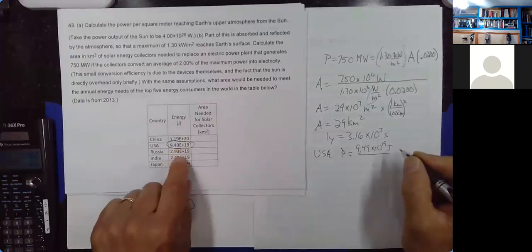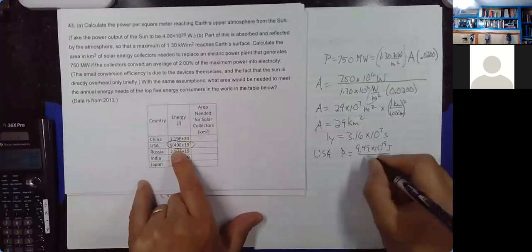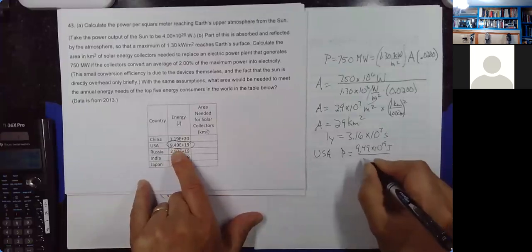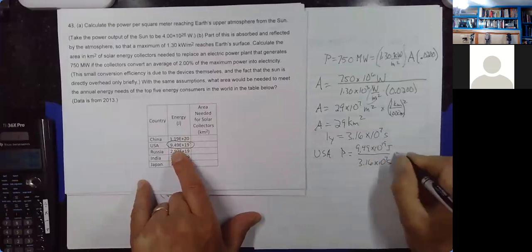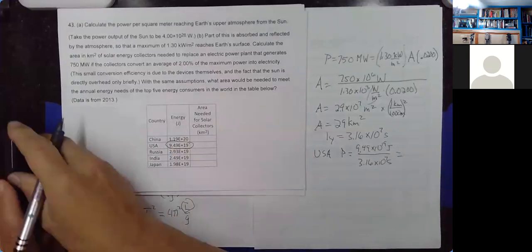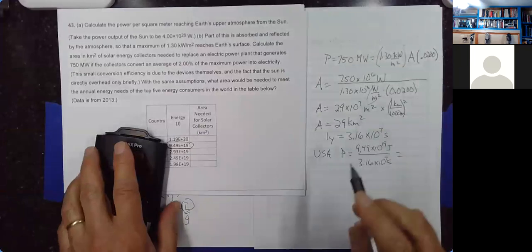I wonder if that's the way it was expressed in your book or not. Not sure. But we can figure out the power usage and then just do this equation again.